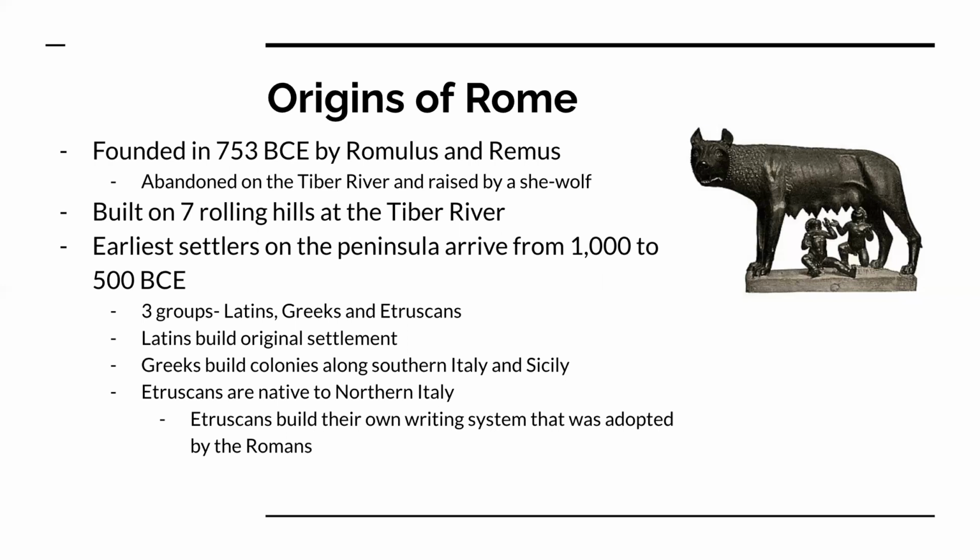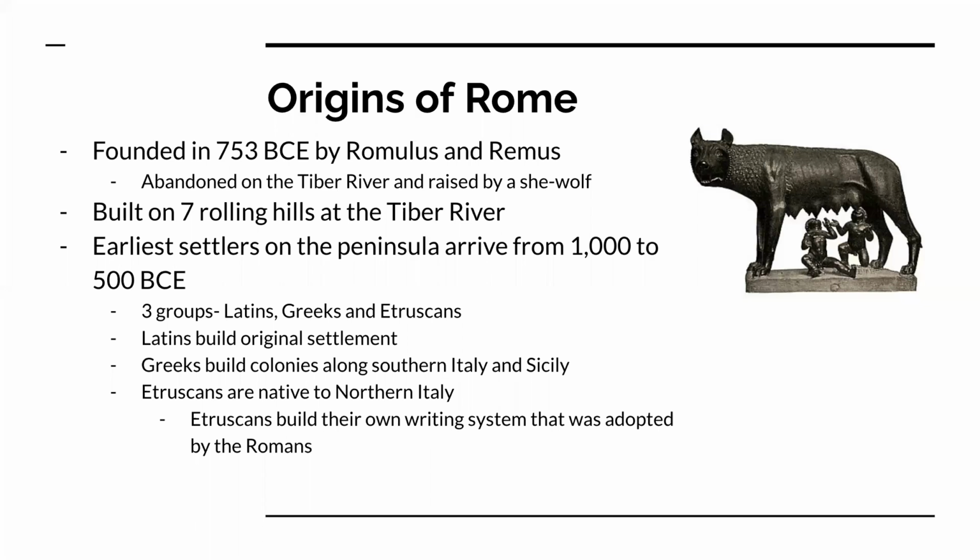And the very first Romans are going to arrive on the Italian peninsula in prehistoric times. So you're talking about 1000 to 500 BC. 3 groups are going to be a part of this: the Latins, the Greeks, and the Etruscans. The Latins are going to build the original settlement of Rome. The Greeks build the colonies that run along southern Italy and parts of Sicily.